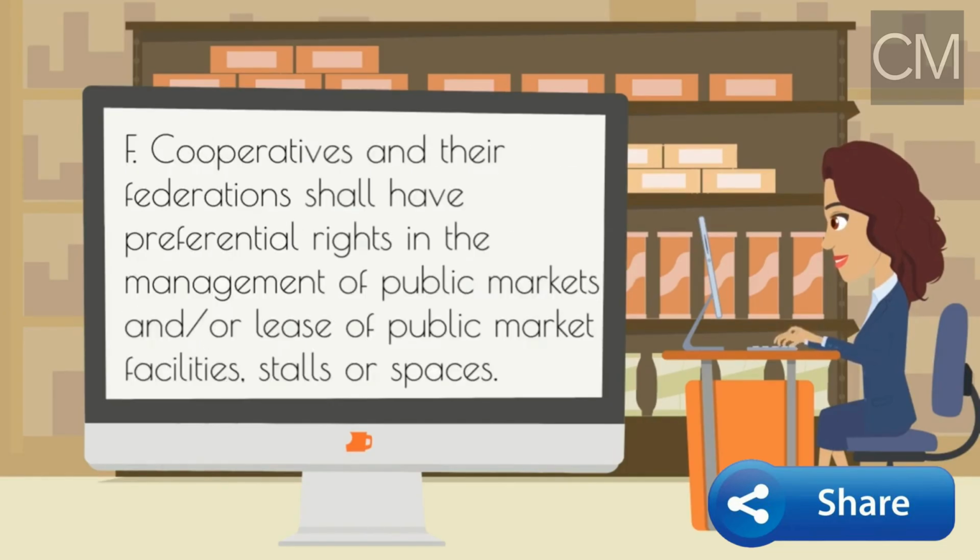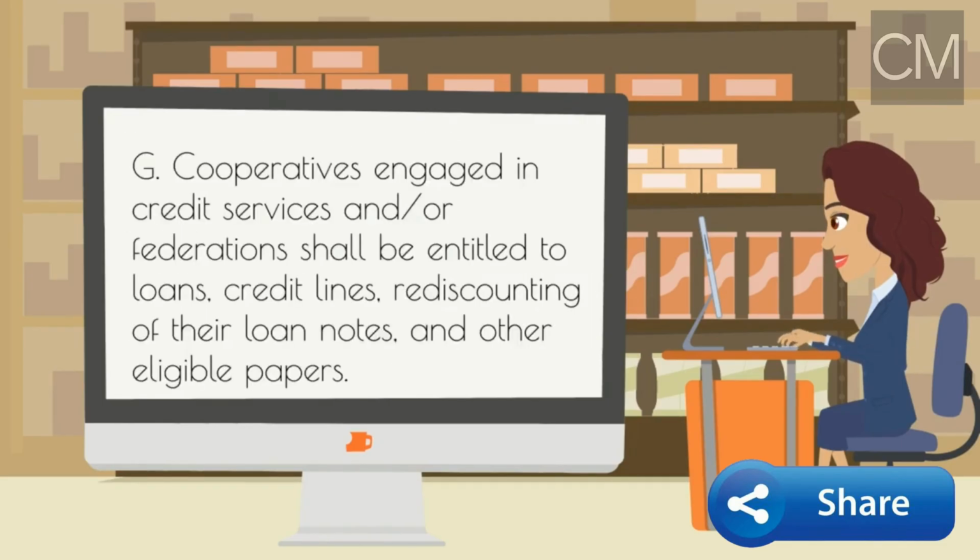Cooperatives and federations shall have preferential rights in the management of public markets or lease of public market facilities, stalls, or spaces. Cooperatives engaged in credit, service, and/or federation shall be entitled to loans, credit lines, rediscounting, and other eligible papers.